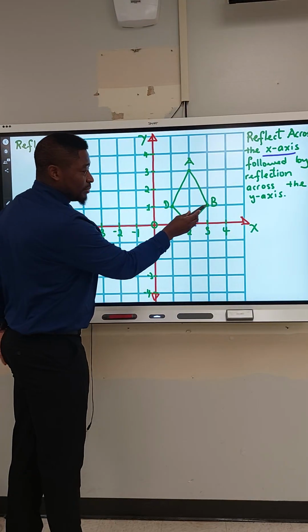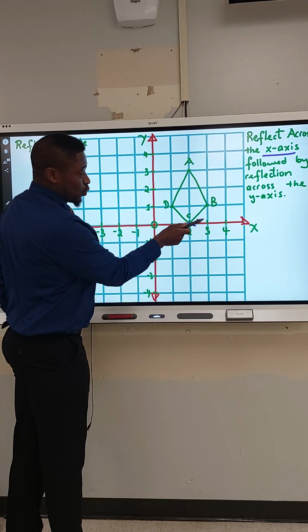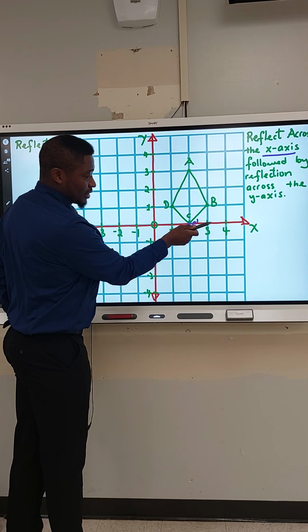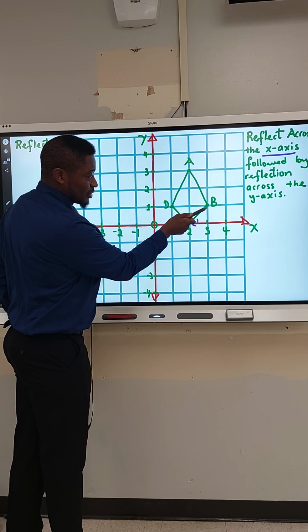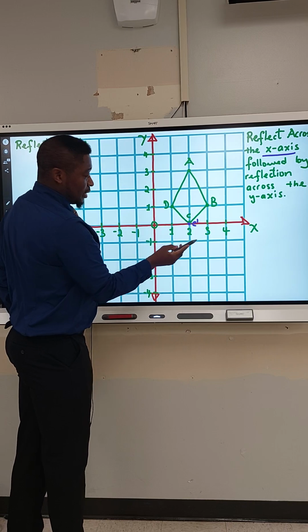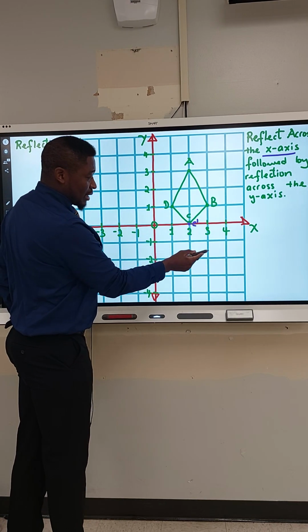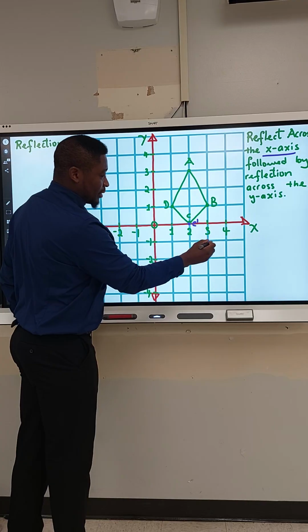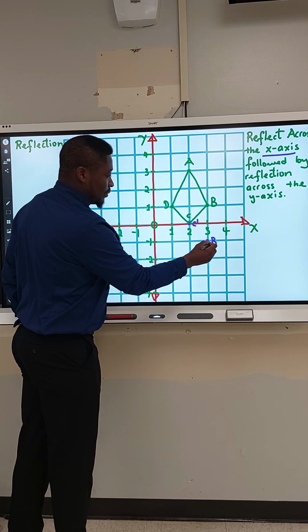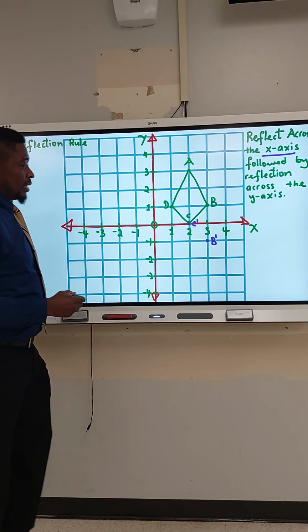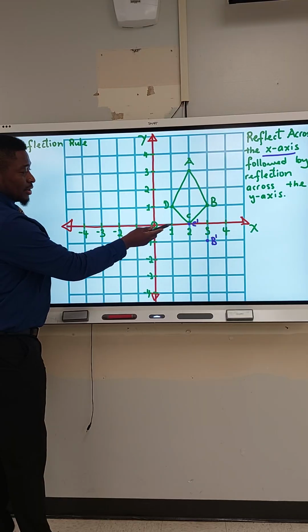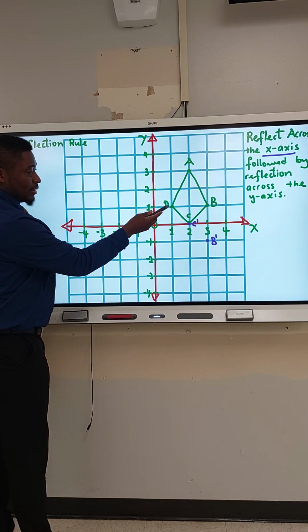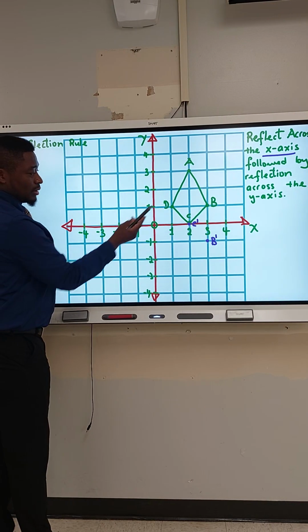Now, this point B right here is 1 unit away from the mirror. So this x-axis is the mirror, this is 1 unit away from the mirror. The image will be straight across inside the mirror and also 1 unit from the mirror. So this will be B prime right here. D prime, this is the mirror, D right here is 1 unit away from the mirror.